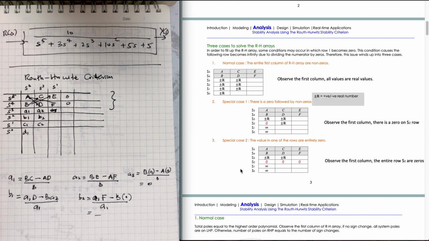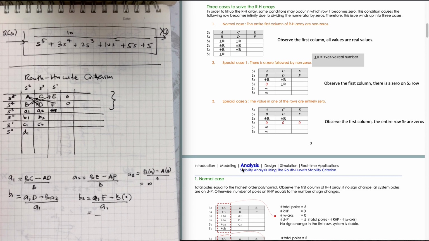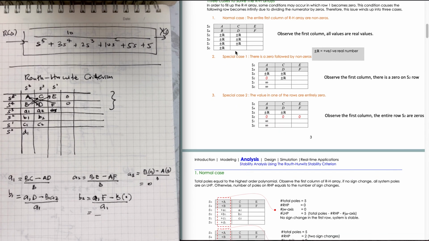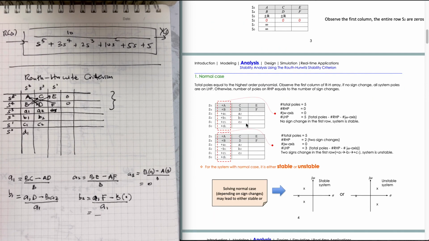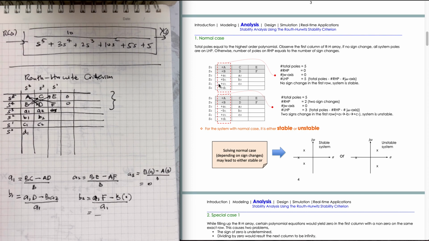Now once we have filled up that table, whatever the values, we need to consider only the first column. Even though we calculate these values, the RH criterion mentions that only the first column is considered, whatever values here. Example, for normal case, we fill up all these values.